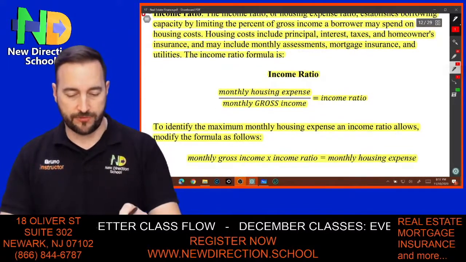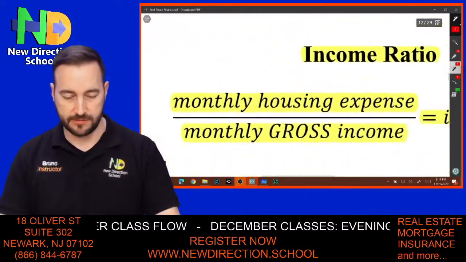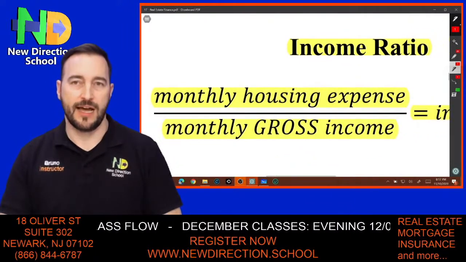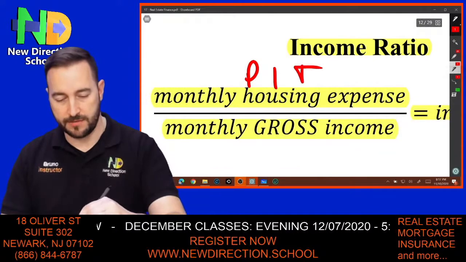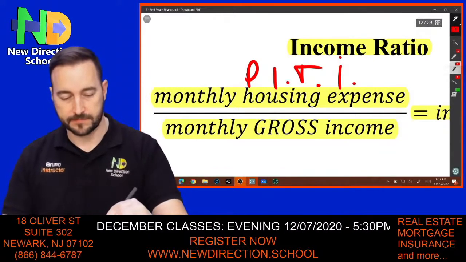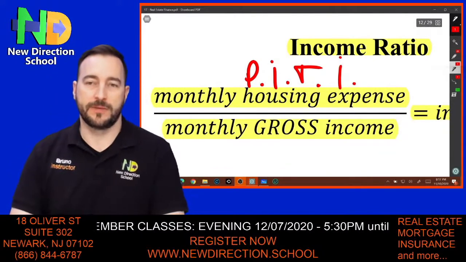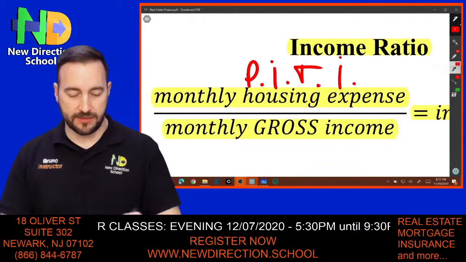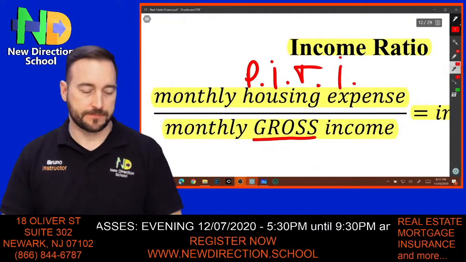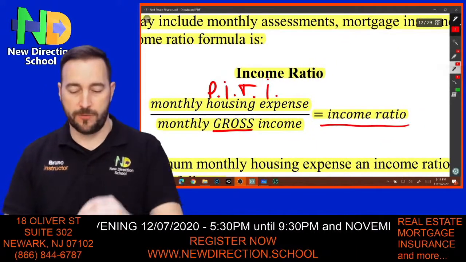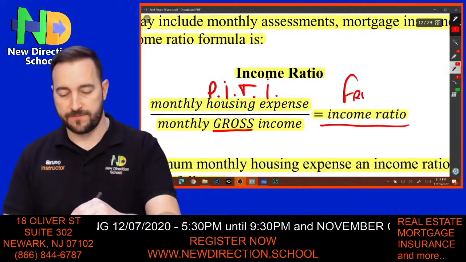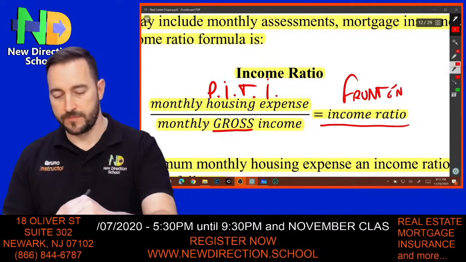The income ratio formula is monthly housing expense, and this is PITI, divided by monthly gross income equals income ratio. And we call this the front end ratio.